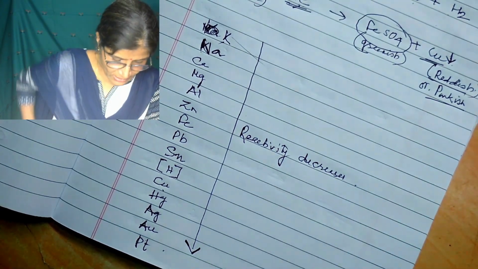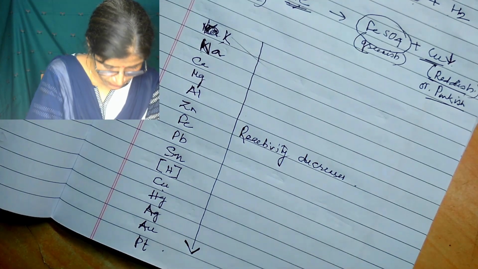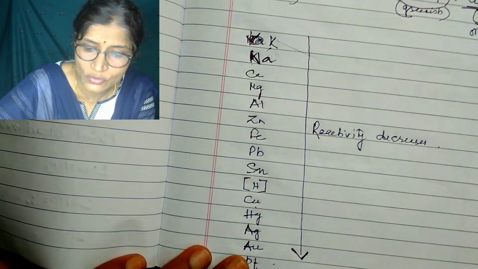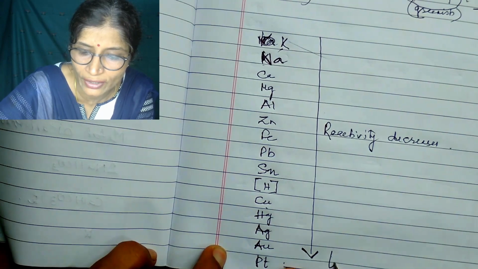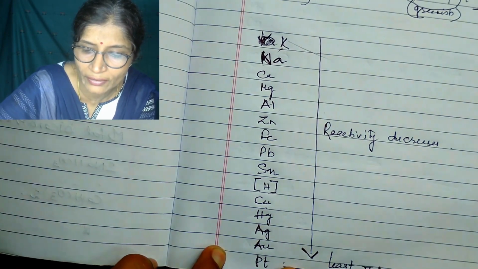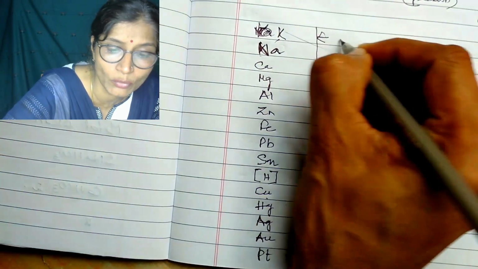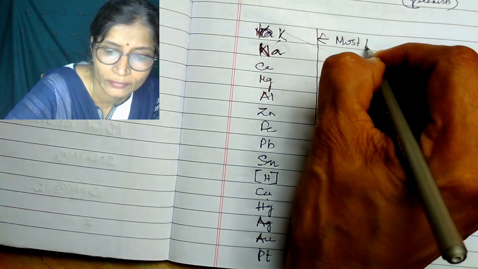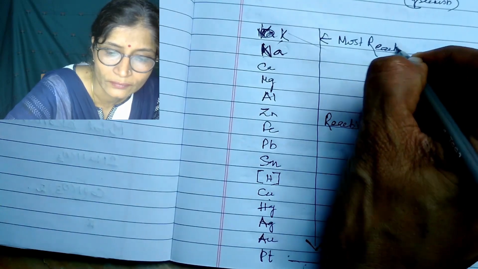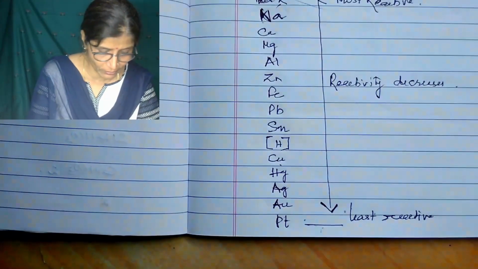Or you can say this is the least reactive, and this is the most reactive. This is the series for the metals.